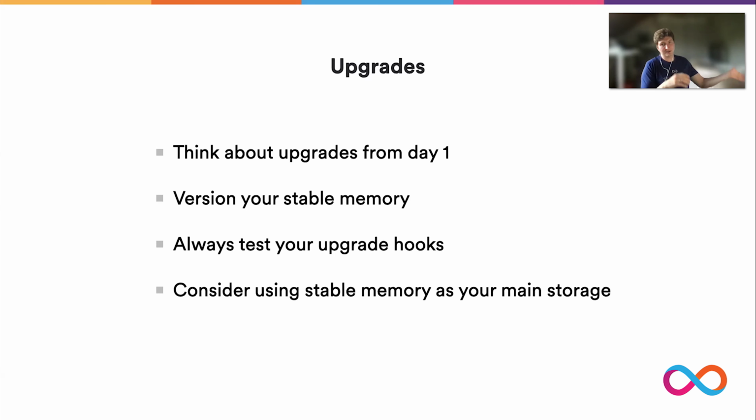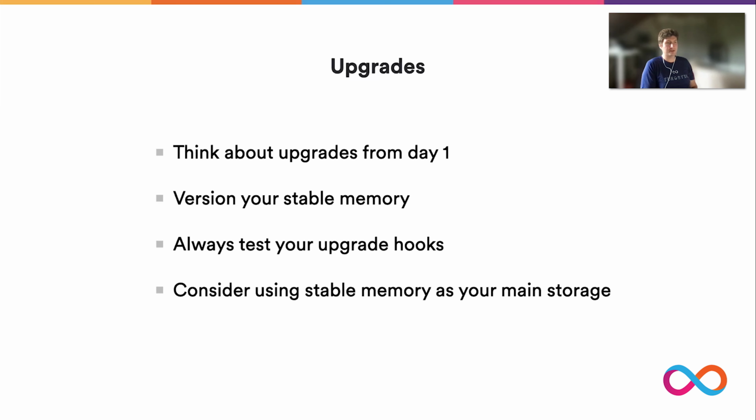Then it instantiates the new version of your code and calls the post-upgrade method, which usually reads from the stable memory. And the main memory is just dropped. This means if you ship a canister which does not support upgrades, there's no way you can migrate the state. If your state was of any importance to you, it's lost forever. So before you ship your first version of the canister to production, you need to think about upgrades.